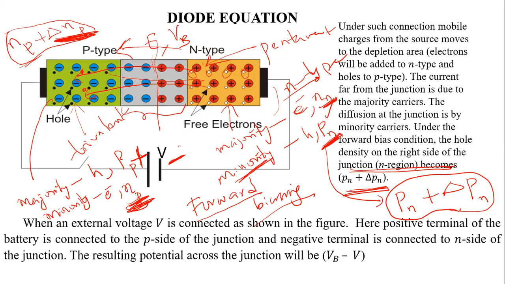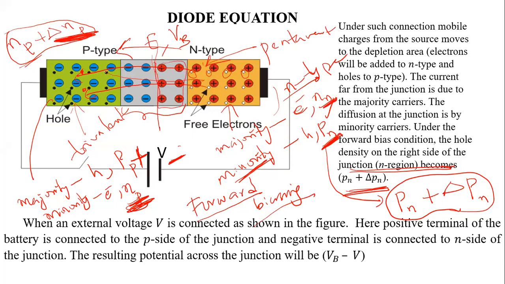And similar to that, when you are connecting the positive terminal to the p side here, holes on the p side will gain energy from the positive terminal of the battery. By gaining energy, they will overcome the potential barrier due to these positive ions.